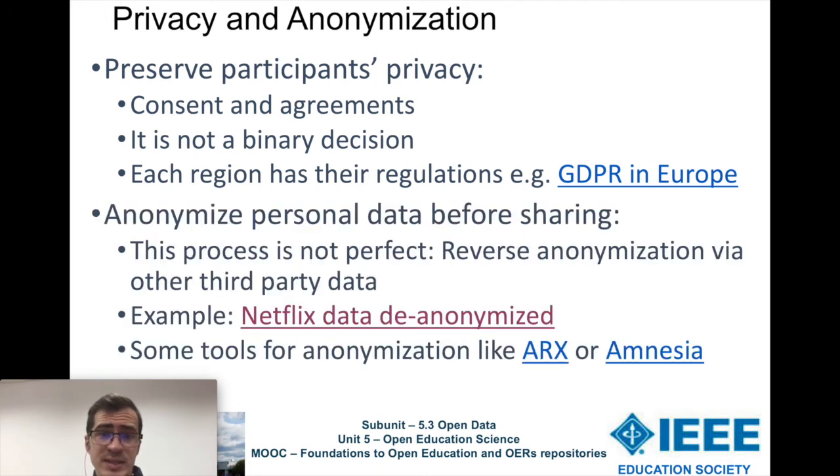One of the things that can improve the sharing of sensitive data is anonymization. However, this process is not perfect, and some researchers have shown how they can apply techniques to do reverse anonymization using third-party data in order to identify the original subjects.